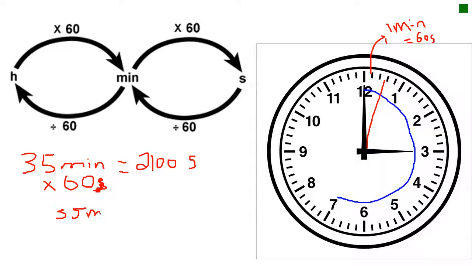All right? Now, if we go 35 minutes and we want to convert that to hours, we're going to have to divide by 60. Because we could look here at our diagram, and when you get a test, the first thing you can do is sketch this out really quickly on the side, and you can use this to help you do your conversions.